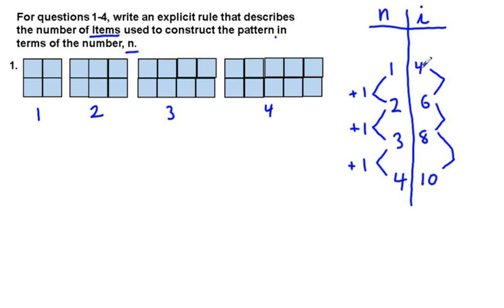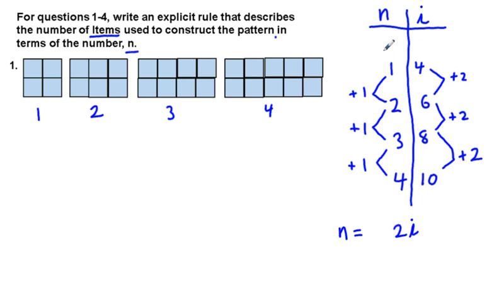On the right side, 4 to 6, well, that's going to be plus 2. And likewise from 6 to 8 plus 2. And finally from 8 to 10 plus 2, so plus 2 every time. So what this tells us is n is equal to 2i.